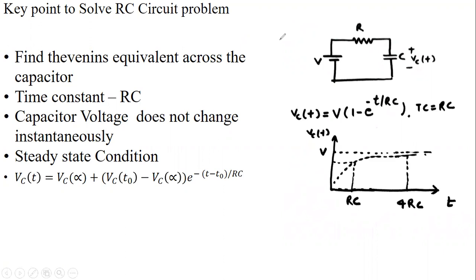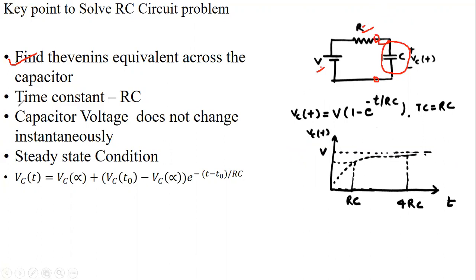Just as we solve the first order RL circuit, try to make the Thevenin equivalent across the terminal of the capacitor, meaning convert the circuit into a single voltage source in series with a resistance. So that is my VTH and that is my RTH.